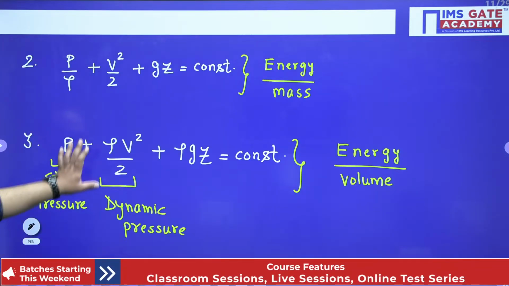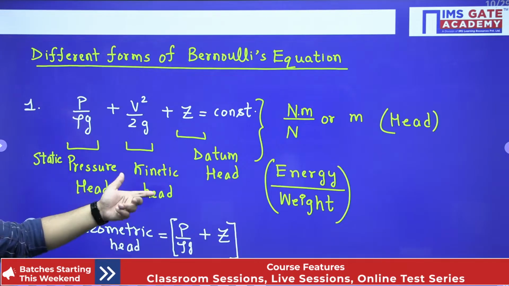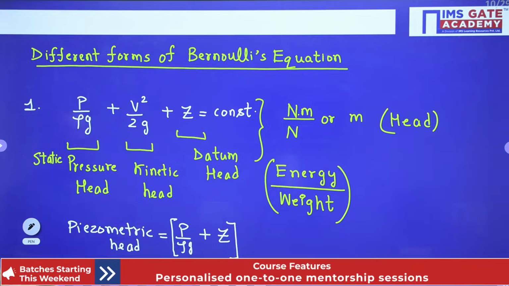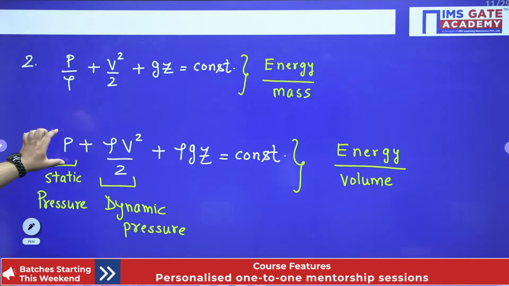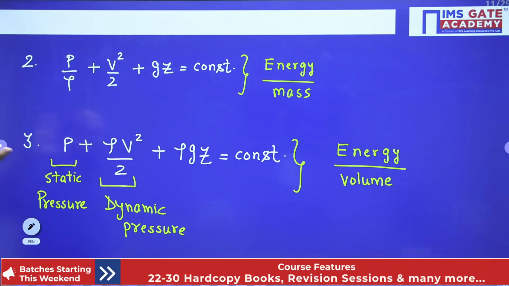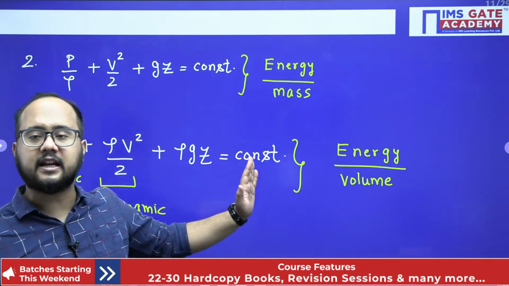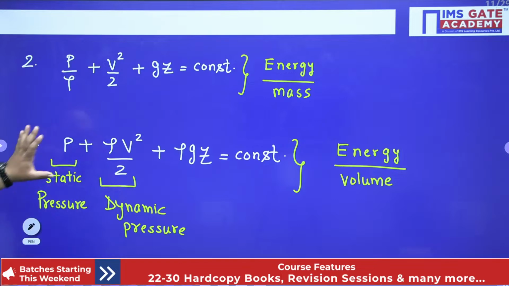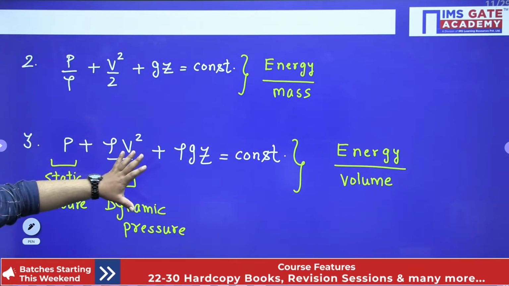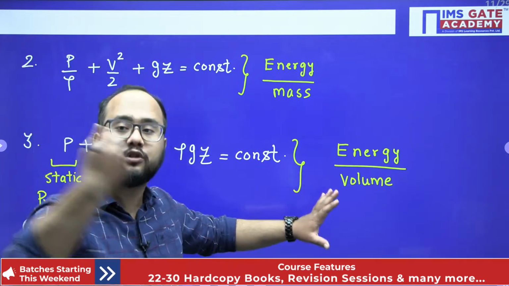Pragya is asking why, I think you are asking about this dynamic pressure. What we have written here is the kinetic or dynamic head. That thing in terms of pressure, if you observe, the unit of this equation is pressure only. So we have considered all the energies in terms of pressure. This is the static pressure, and this is the dynamic pressure, which is there because of the motion of the fluid itself, right?